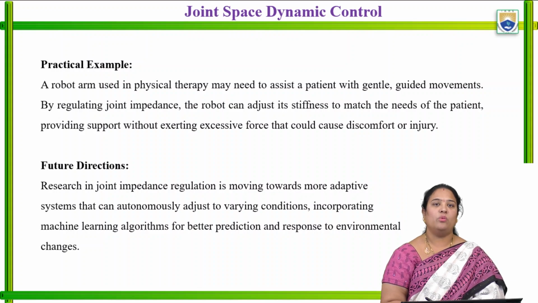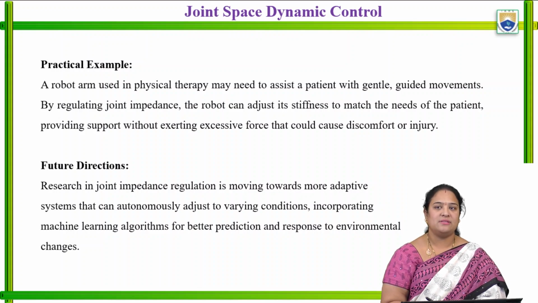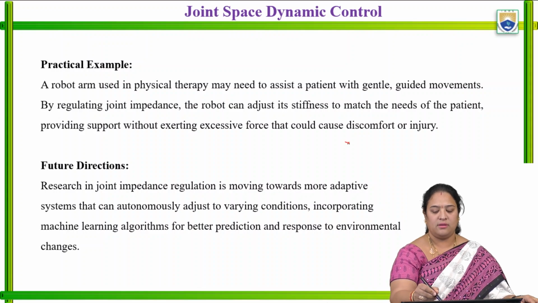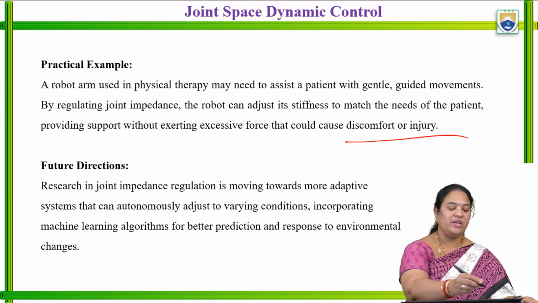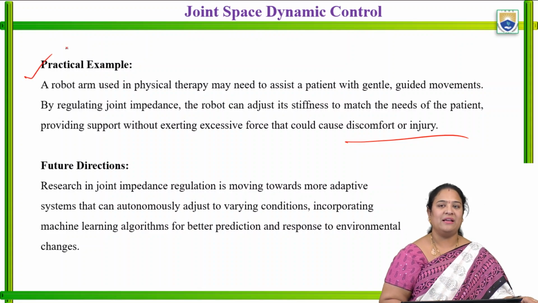The robot is easily able to adjust the stiffness to match the needs of the patients, providing support without exerting excessive force that could cause discomfort or injury. Without causing any sort of injury or discomfort, the robot will act as physical therapy for the patients in the hospital. That is one of the practical examples which we can consider.